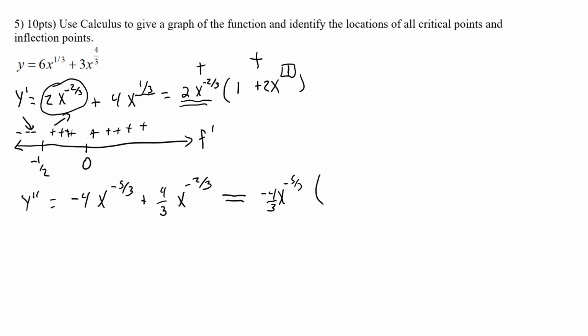And now you can back distribute and fill in what you need. Negative 4/3 x to the negative 5/3 times what will give me this x to the negative 5/3? And you can see that you will need a 3. The negative 4/3 times the 3 will cancel out the 3, and you have an x to the negative 5/3. You bring that in, you'll have your x to the negative 5/3. So you will be good.